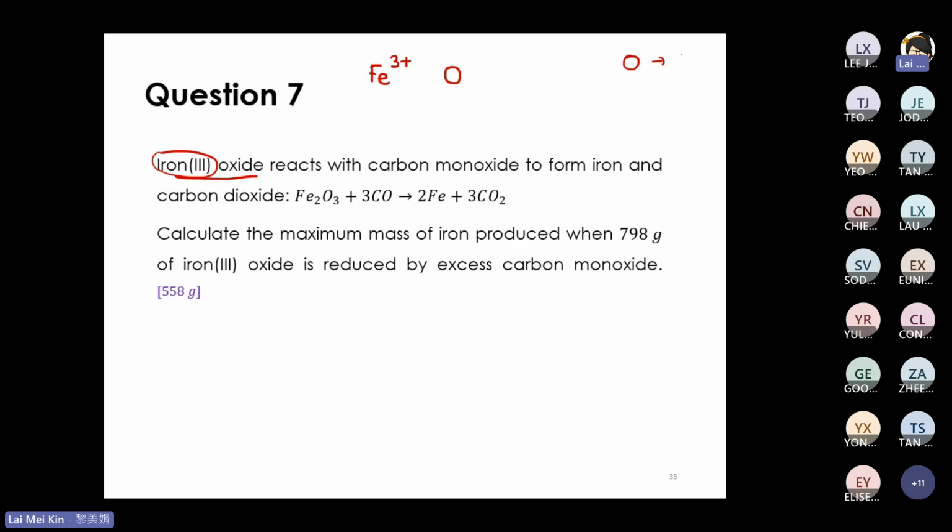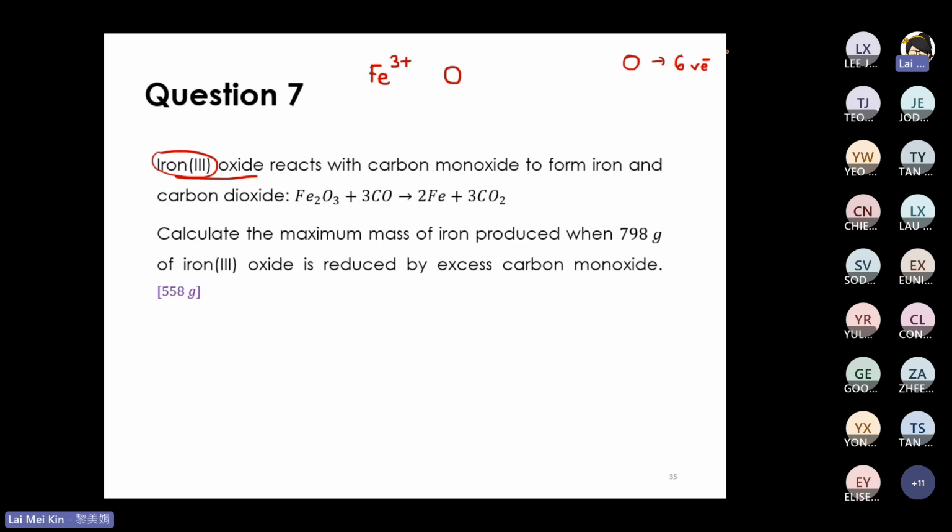If it is in group 16, how many valence electrons? 6. If it is in group 1, how many valence electrons? 1. If it is in group 15, how many? 5. So oxygen in group 16 has 6 electrons.